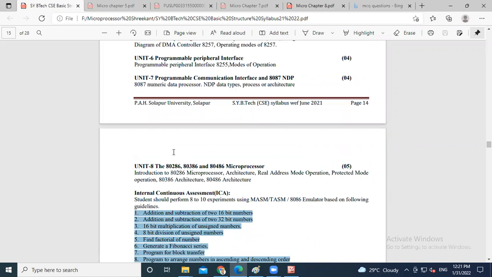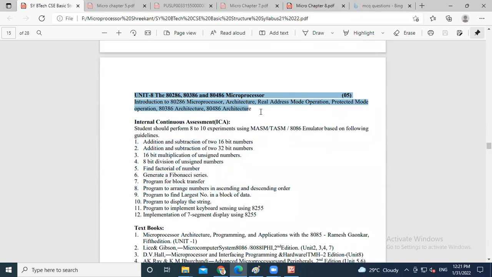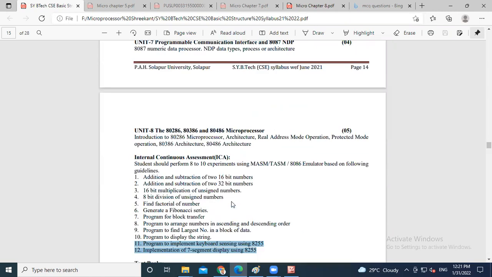Only unit number 8 for the theory part and programs 11 and 12 for the practical session are left. If we cover these two programs and unit number 8, it means 100% of the syllabus is covered. This week I have to cover unit 8, the last unit, and next week the two lab programs along with the repetition of the 10th program.